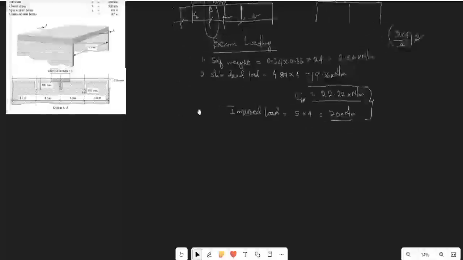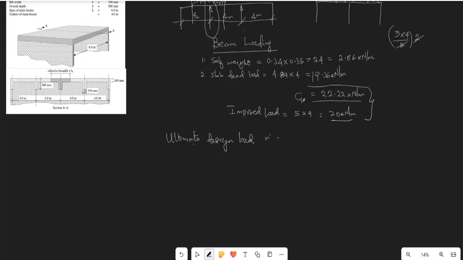So we have the ultimate design load, which is N, equals 1.4 GK plus 1.6 QK.